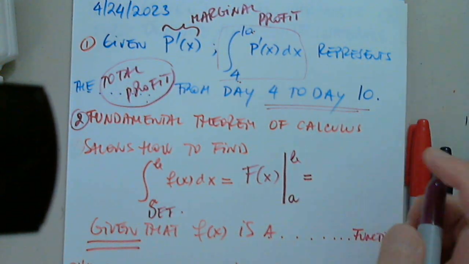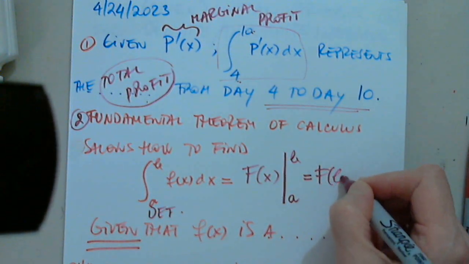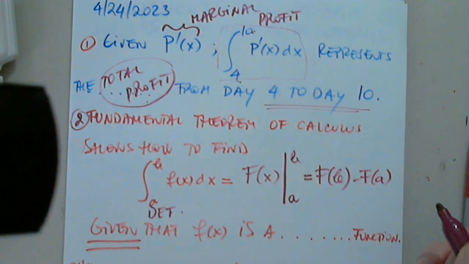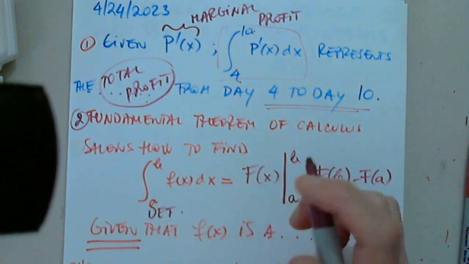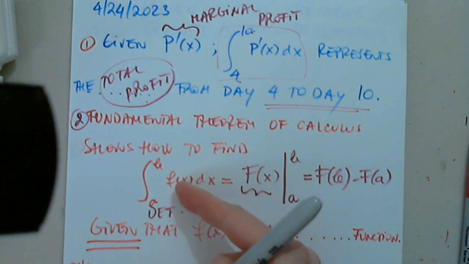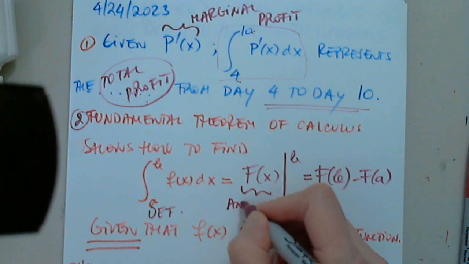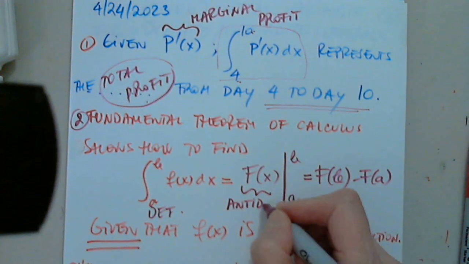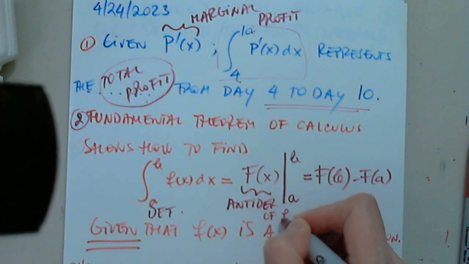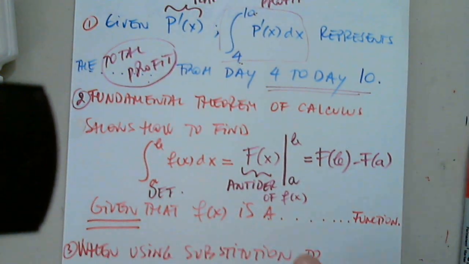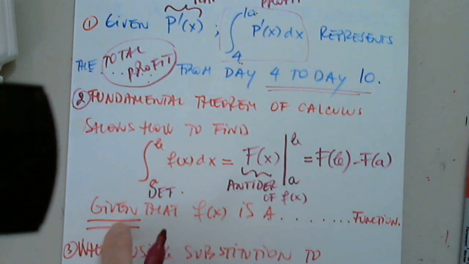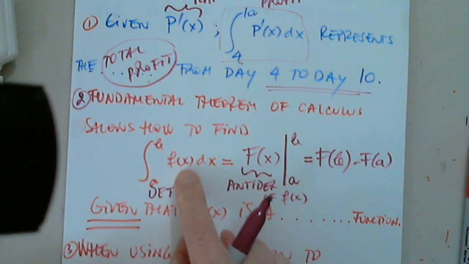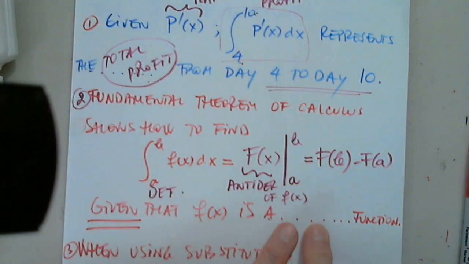And then it's equal to F of b minus F of a. Perfect. Remember that these two functions are not the same. This is the antiderivative of f of x.